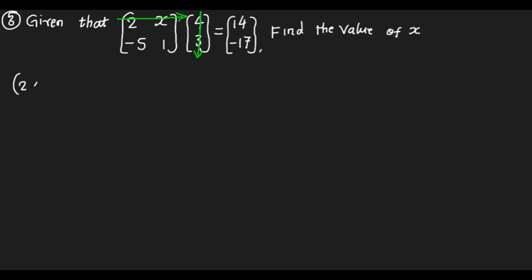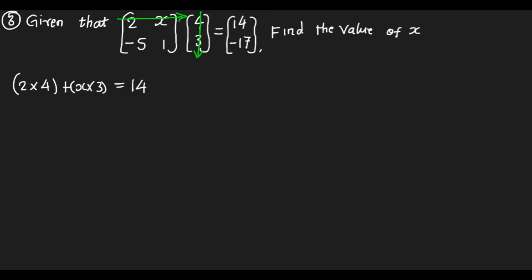So we have 2 times 4, then plus the x will multiply with 3. We have x times 3, then is equal to, since we use the first row, we are supposed to use the first number from the matrix after the equal sign, so it is equal to 14.